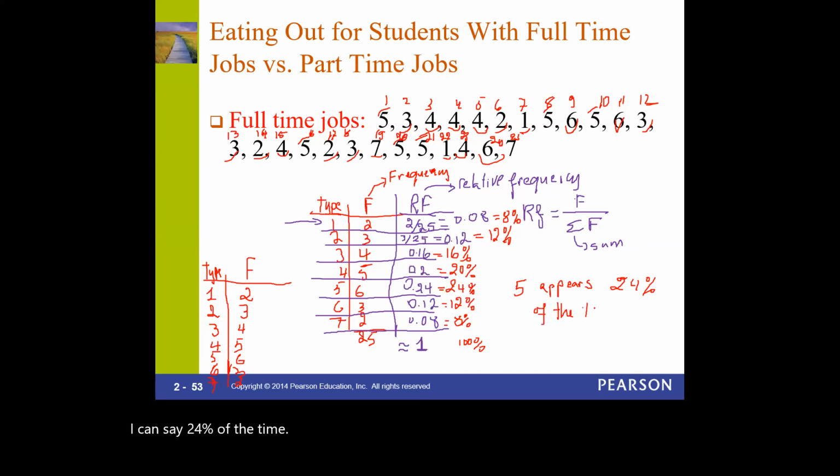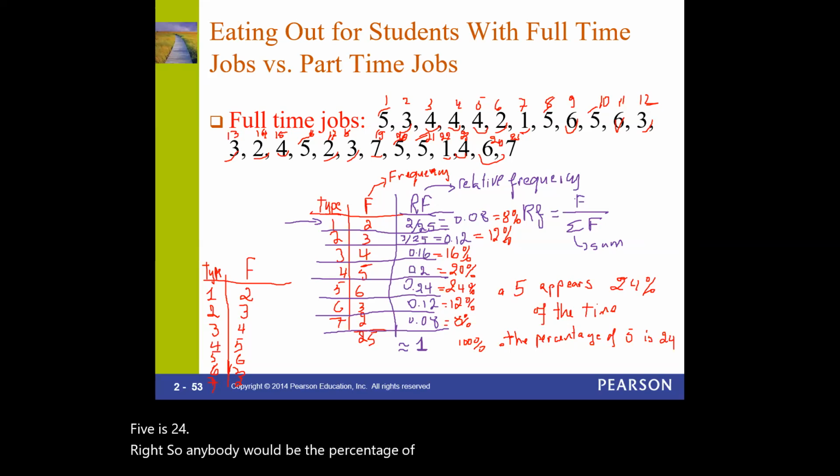So I can say that the percentage of 5 is 24. Anybody, what will be the percentage of number 7? What do you think the percentage of number 7 will be?